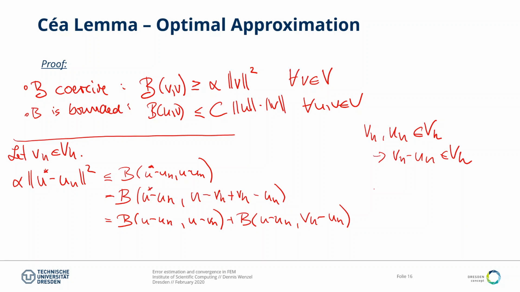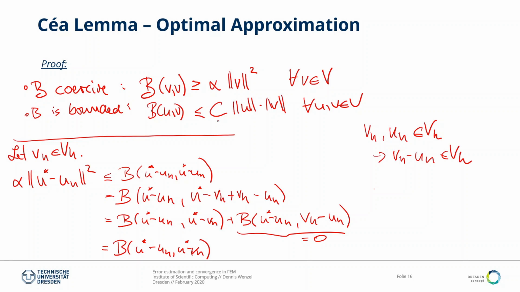That's always the exact solution. But yes, this here from Galerkin orthogonality is simply 0. So I can write down that this is equal to B of u star minus UH tested with u star minus VH.